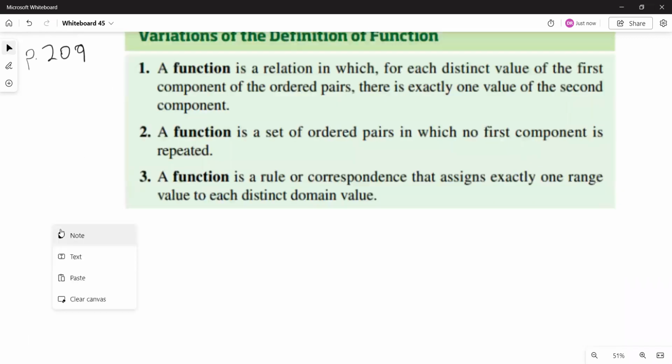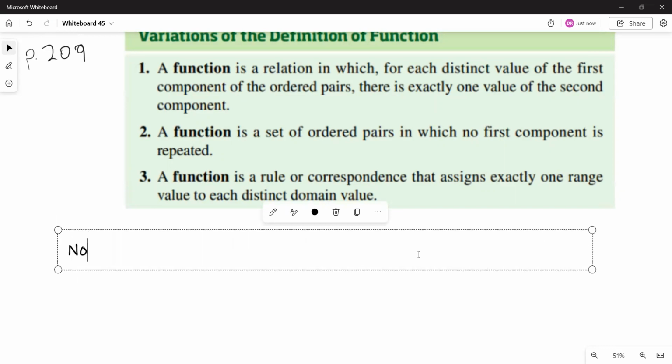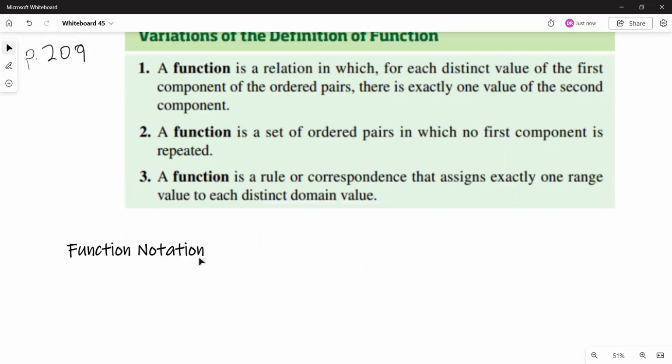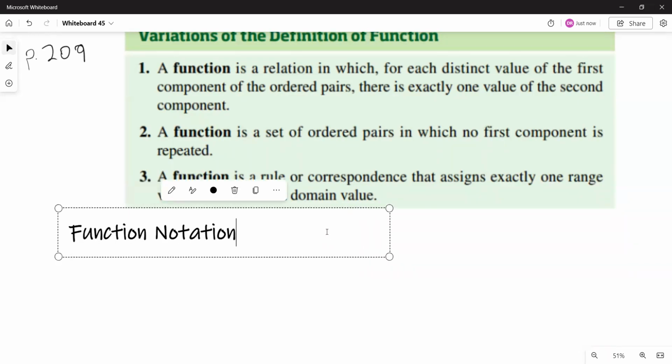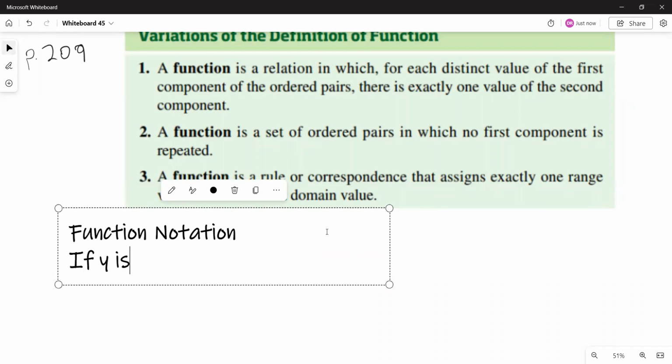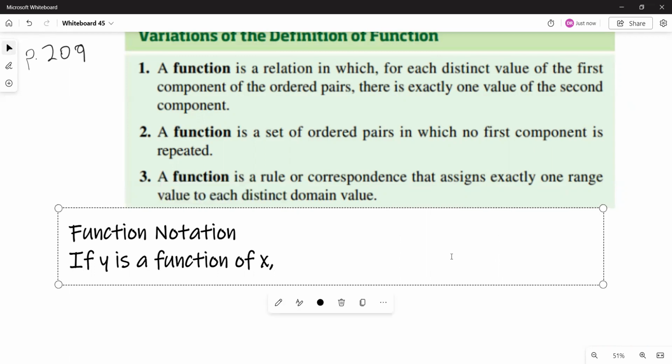Now, notation. If y is a function of x, it is written y equals f of x.